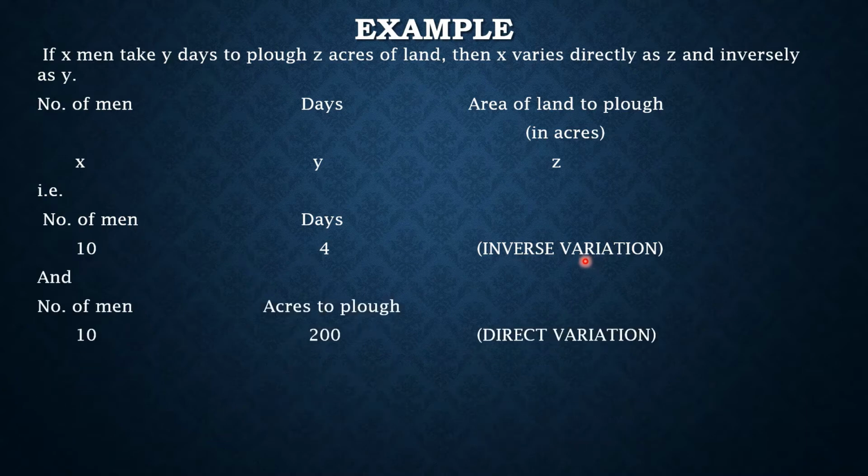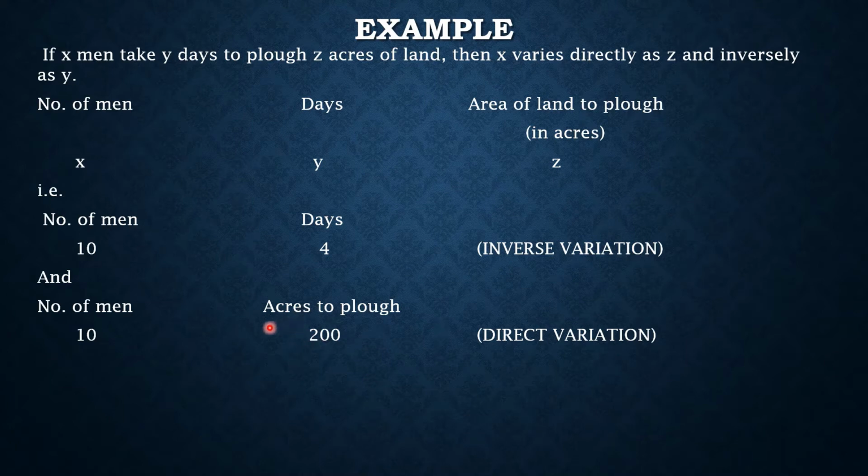Now come to the second, that is number of men and the area, that is acres to plow. Here we take acres to plow as 200 acres and the number of men was the same, that is 10. Now as you know that in direct variation, increase results in increase. So as number of men goes up, then area will go up, that is they will plow more area.